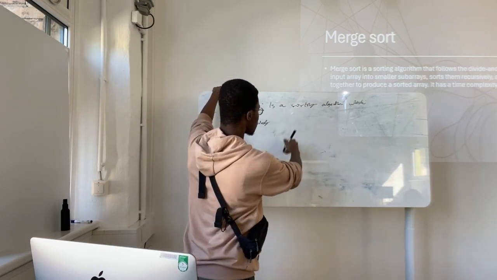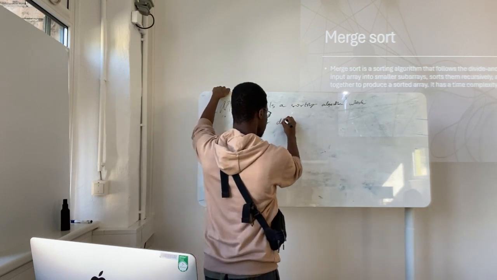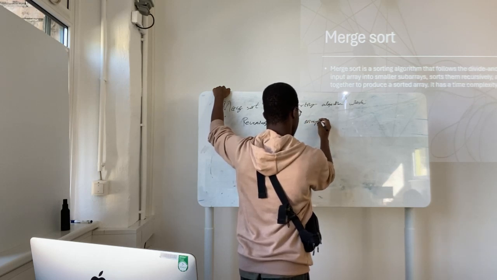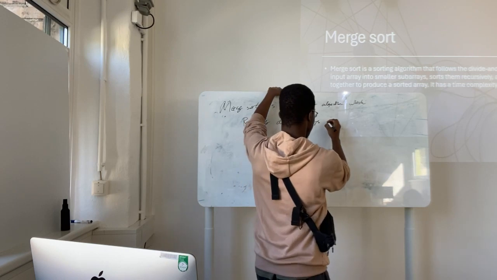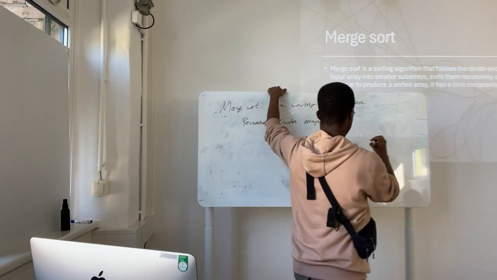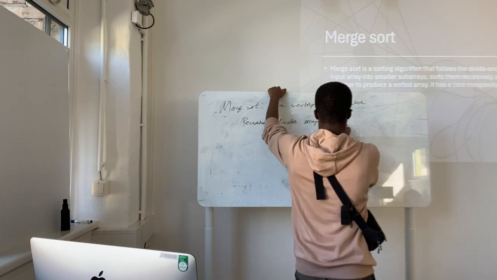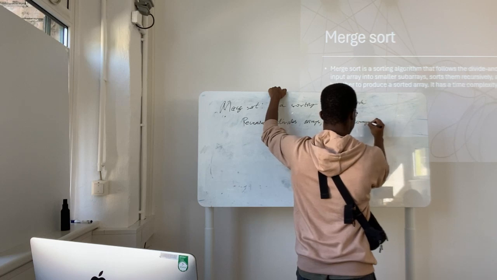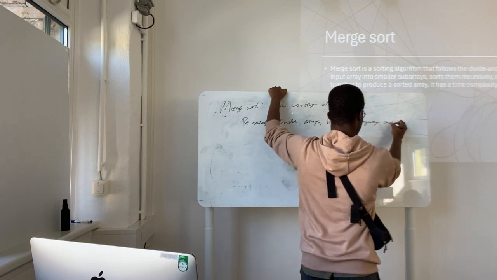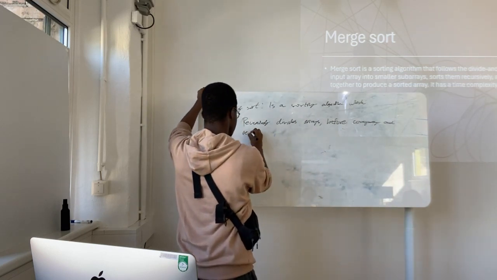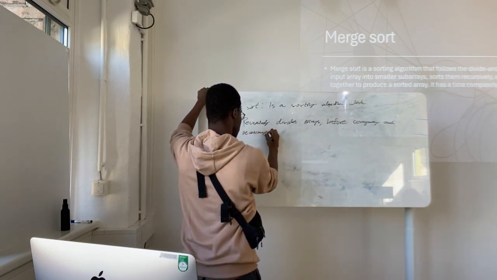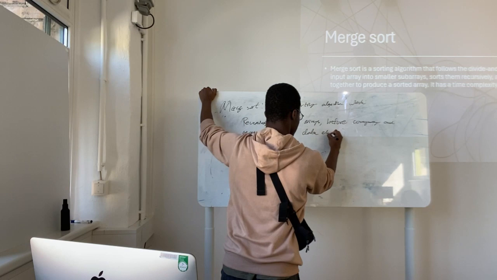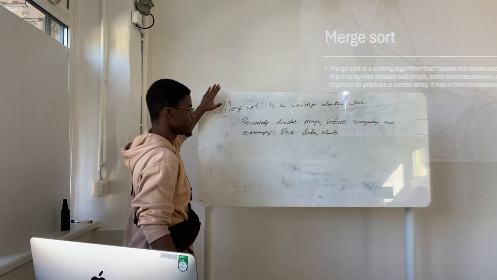Merge sort is a sorting algorithm which recursively divides arrays, or data sets, let's just say arrays, before comparing and rearranging the data elements. Okay, that definition makes sense.